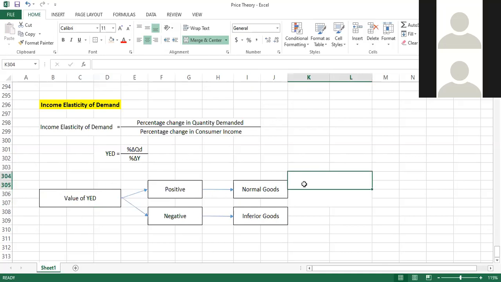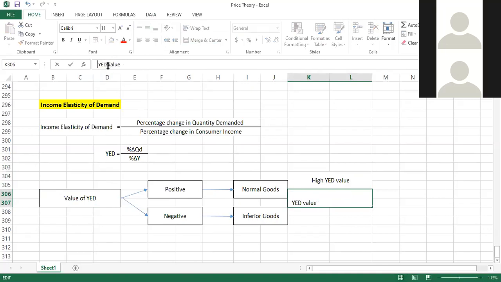Sometimes the value is high, sometimes the value is low, right? YED, right? That depends on what.